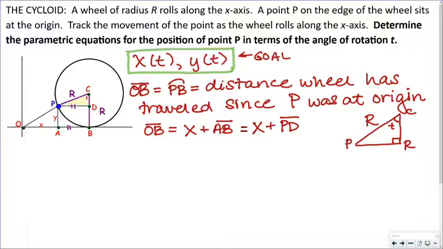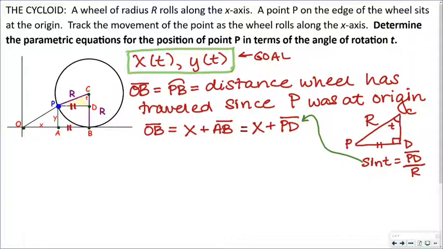Segment PD, which I've marked in both these places, well, I can write a sine function for that. Now remember, capital R is a constant. I can say that the sine of t is PD over length r. And I'm going to plug that in for PD right here.